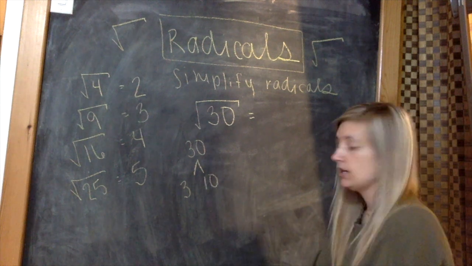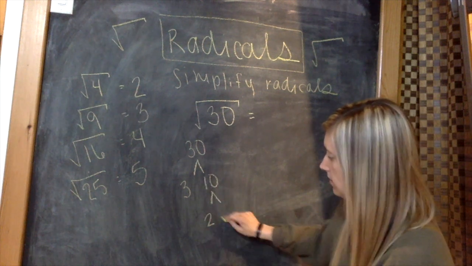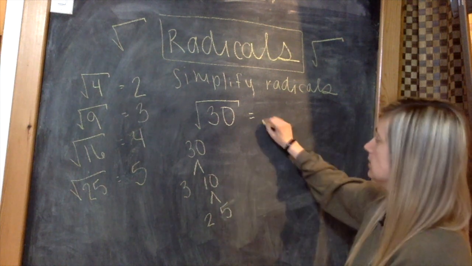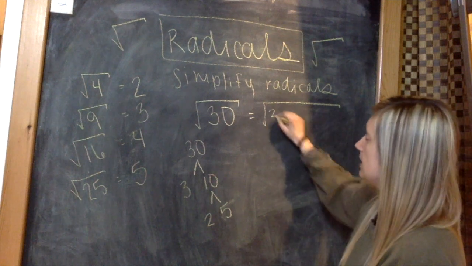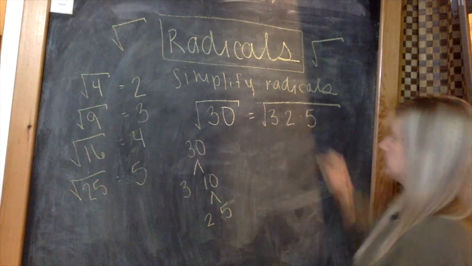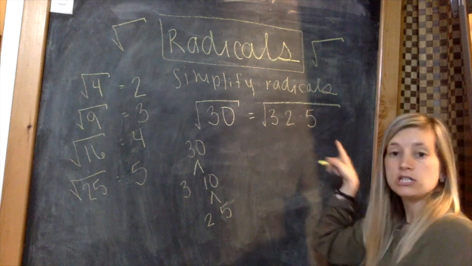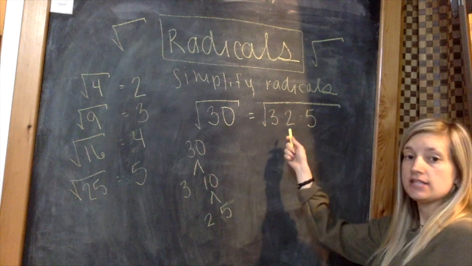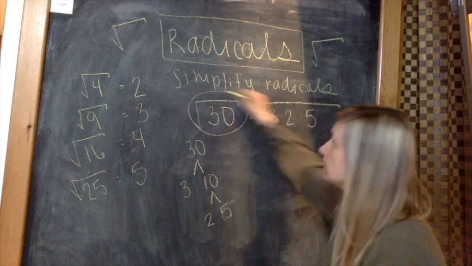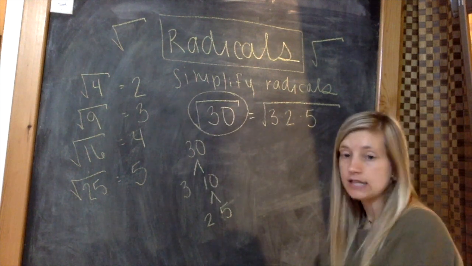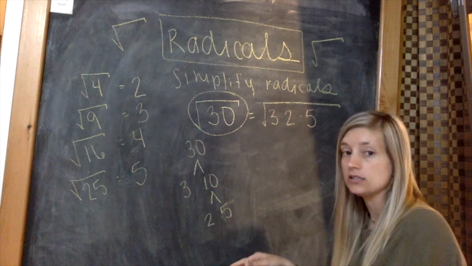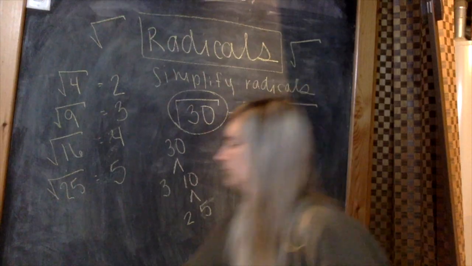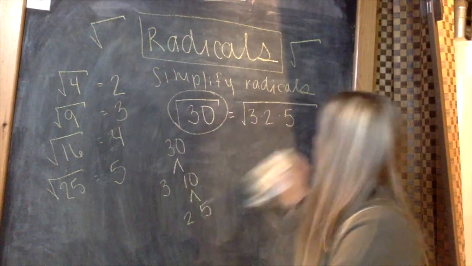And I'm going to go with 2 and 5. Okay, so I have 3 times 2 times 5. Do I have any matches? Nope. So if you don't have any matches, that means that's as far down as it can go. You cannot break down this radical anymore. So let's try another one.